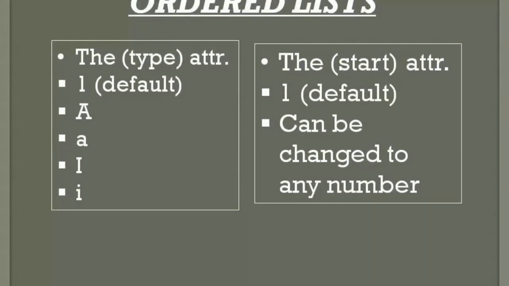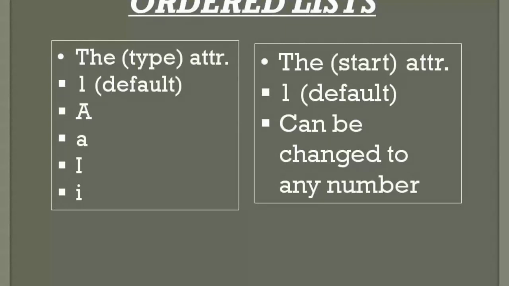But for the ordered list, we have two attributes: the type attribute and the start attribute. The type attribute is used to tell the browser the type of list you want, whether it is number or alphabet or index.